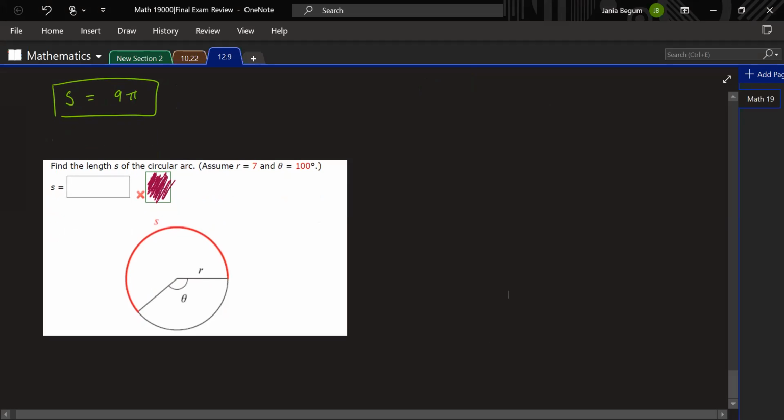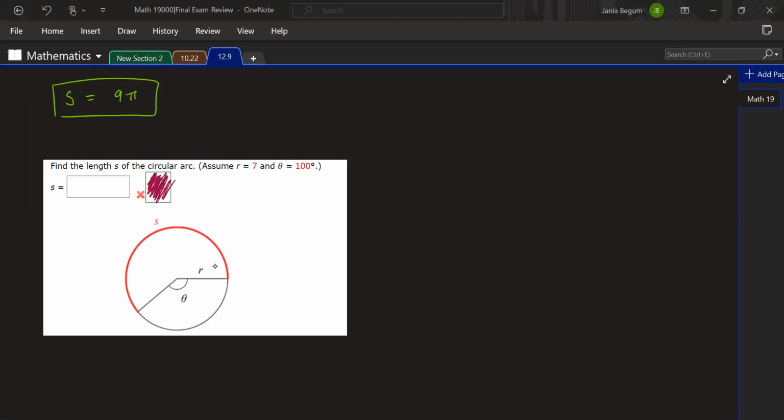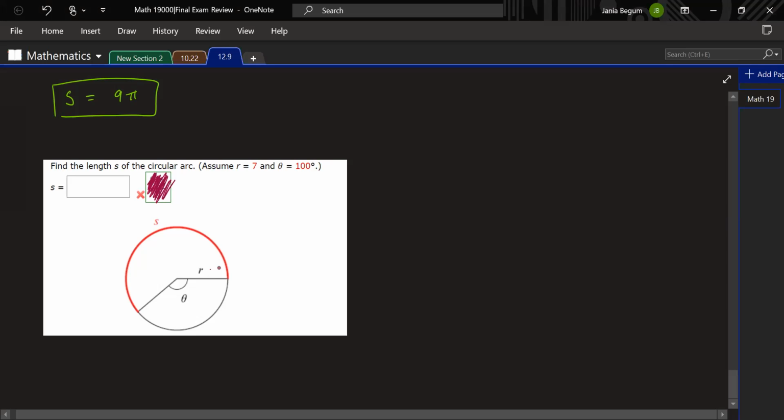So r is 7 and theta is 100. But we're not looking for this arc. This arc corresponds to this theta.